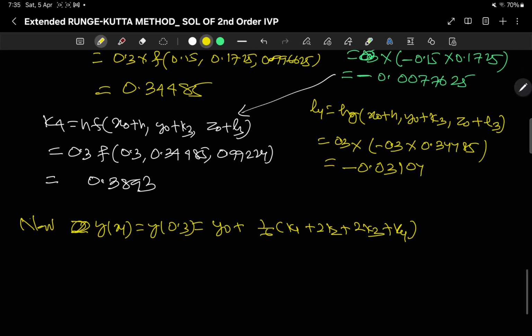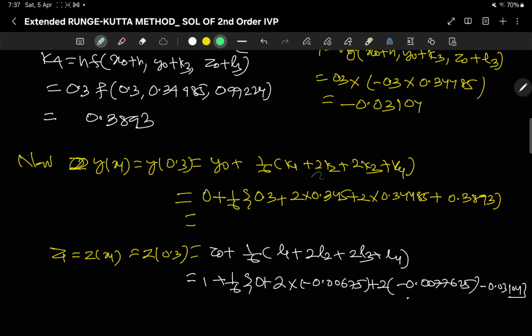Substituting the values of k1, k2, k3, k4, we have this value of y of 0.3 will be 0.34483, and here similarly substituting L1, L2, L3, L4 and z0 we will be getting 0.98999. So this is the answer.